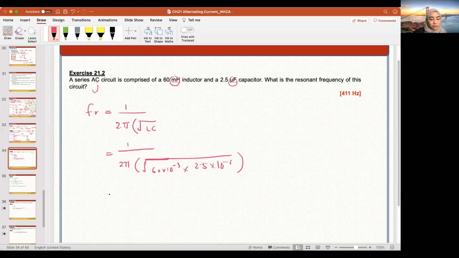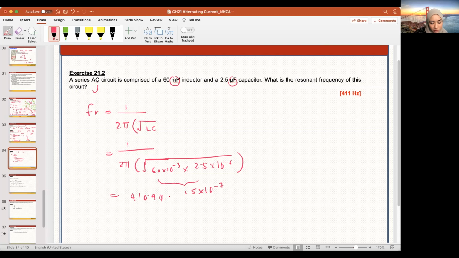So this should give you the resonant frequency. Did you get the answer? In the square root, it will be 1.5 times 10 to the power of -7. So with that, you got the 411. I got 410.94, which is 411.